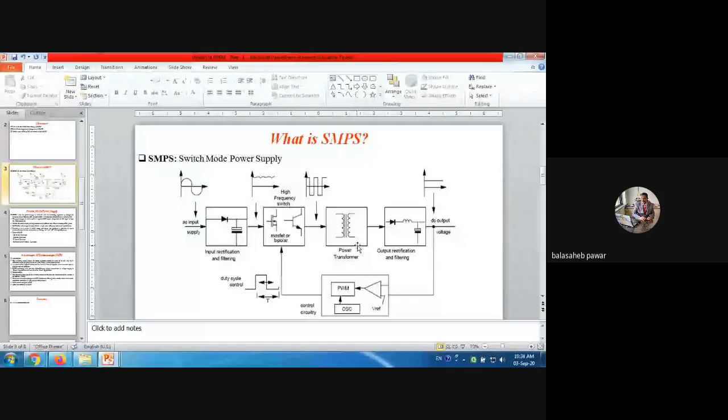Now remember, the size of this high frequency transformer is actually very small as compared to conventional transformers. Last time I might have told you, as the operating frequency of the transformer increases, its size decreases. So it is very, very small as compared to our conventional transformer.